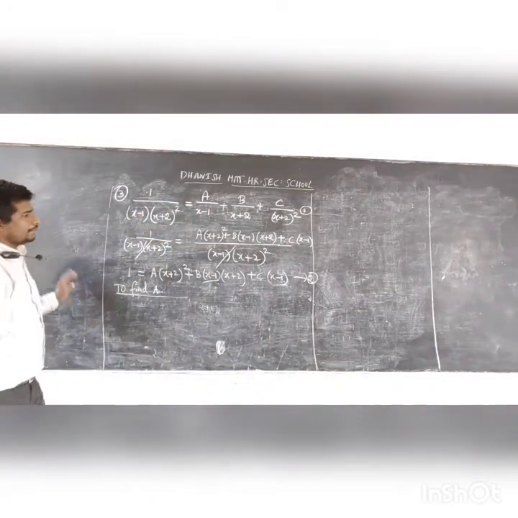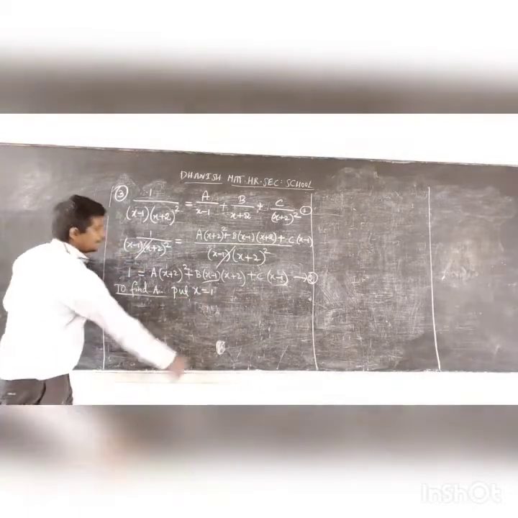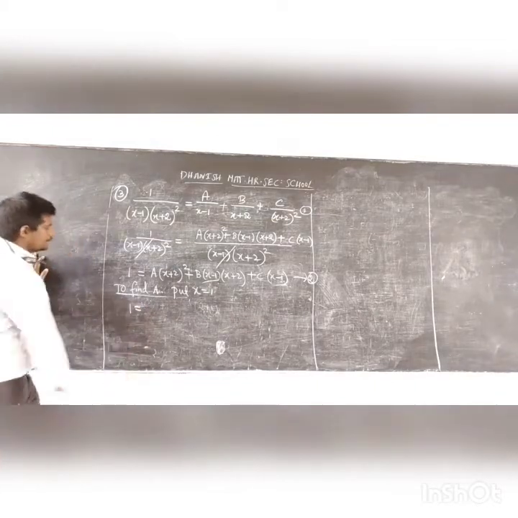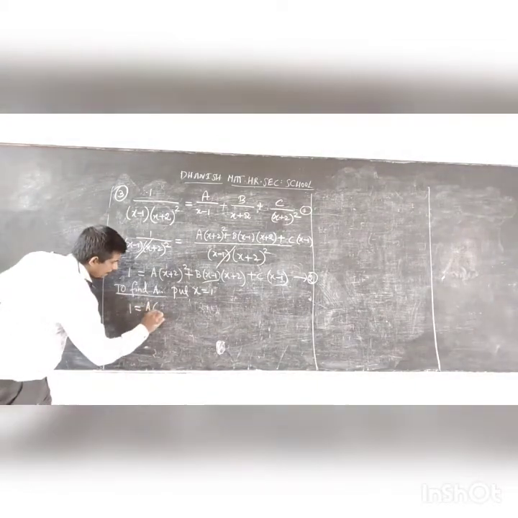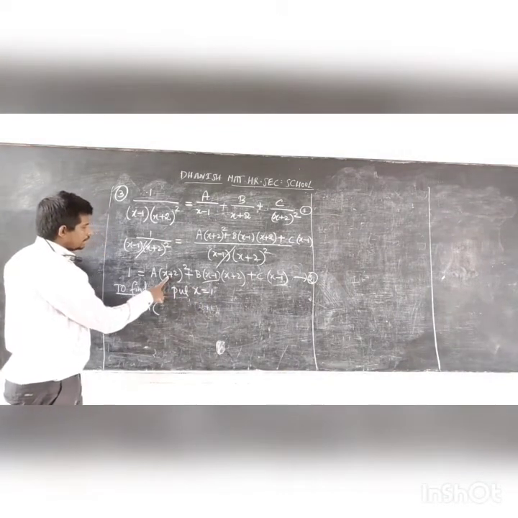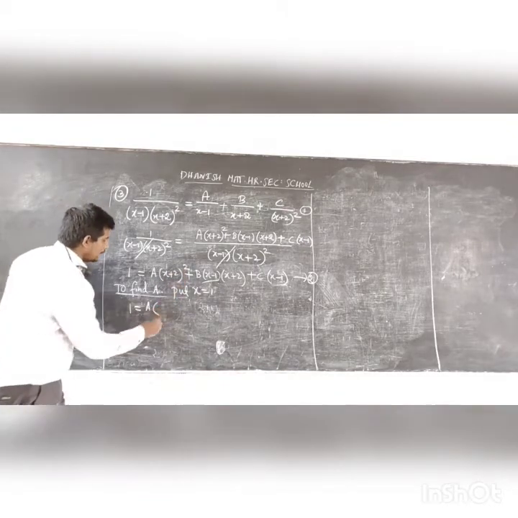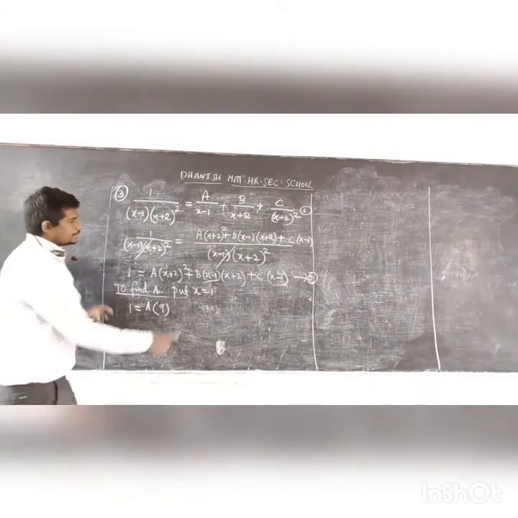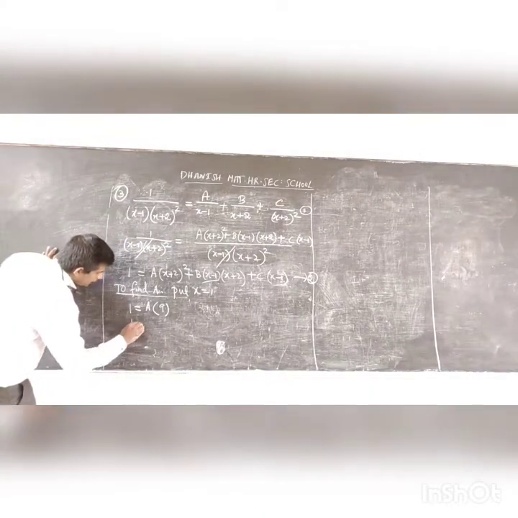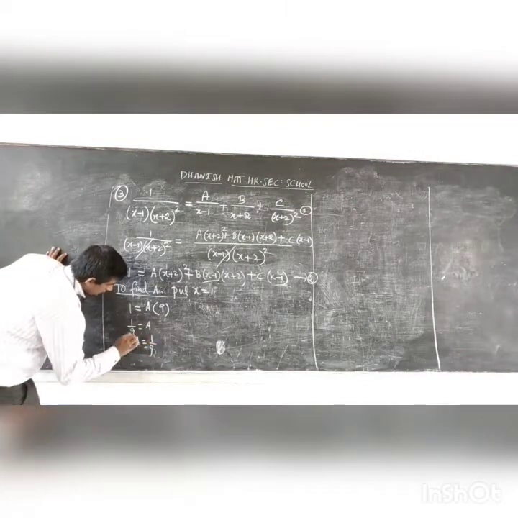The c term also will become 0. So put x as 1 in equation number 2. So 1 equal to a into, if I put x as 1, 1 plus 2, 3 square, 9. These two terms will become 0. So 1 by 9 equal to a. So we got our a value, 1 by 9.